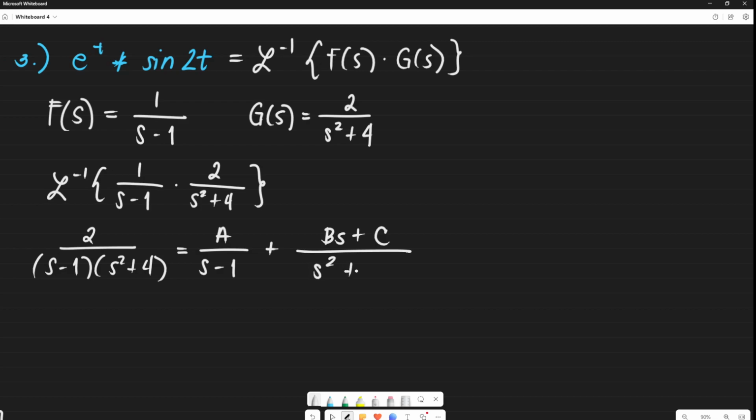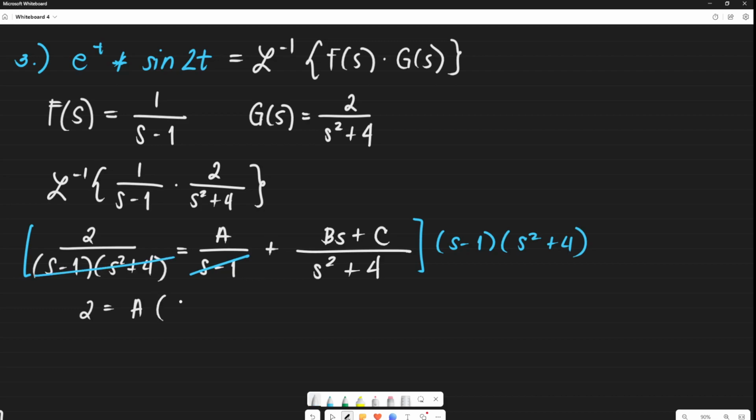Okay, so we have 2 is equal to, multiply natin with the original denominator, yung ating s minus 1 s squared plus 4. Ayan. Okay, so syempre ito buo makakancel, kaya 2 yung naiwan.